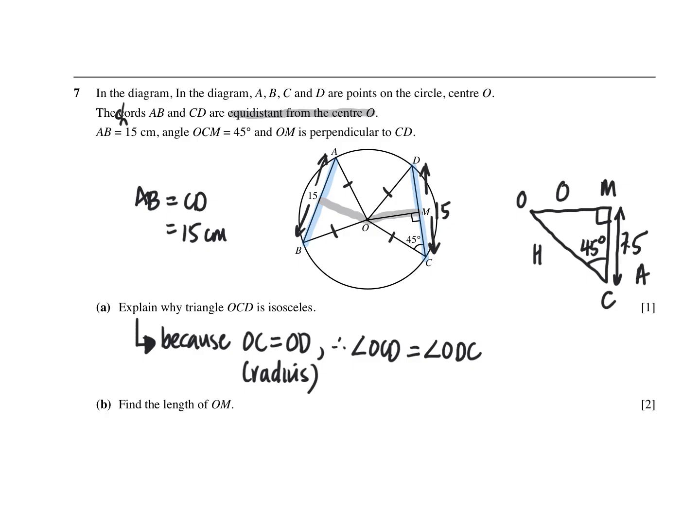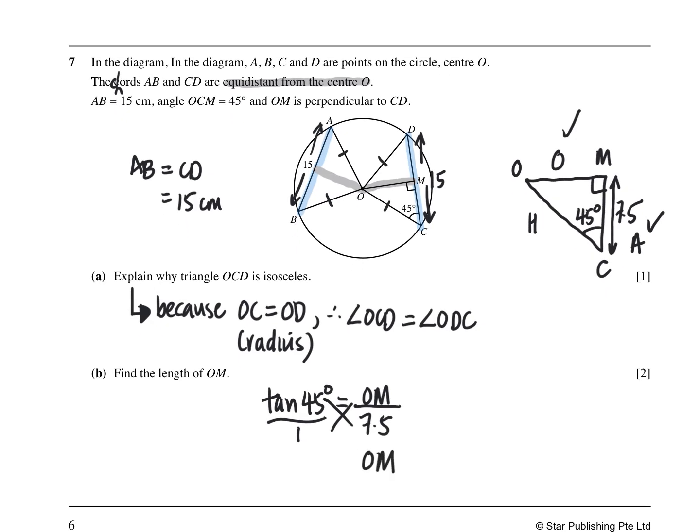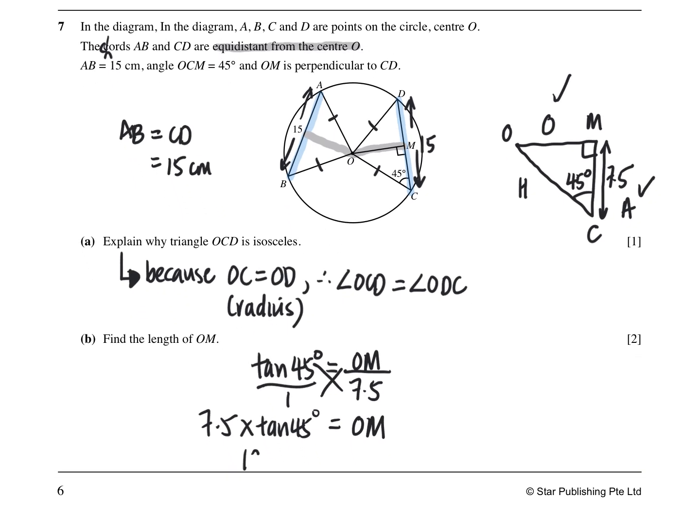You want to find O, you have A. So what do you use? Tangent of the angle 45 degrees is OM over 7.5. So just cross multiply. So 12.1, 3 SF.